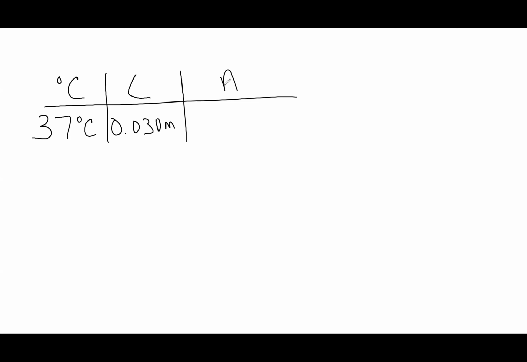So the surface area for the skin is 1.7 meters squared. And a temperature of, so this would be temperature final, because this is the body temperature. Temperature initial is 34 degrees Celsius.